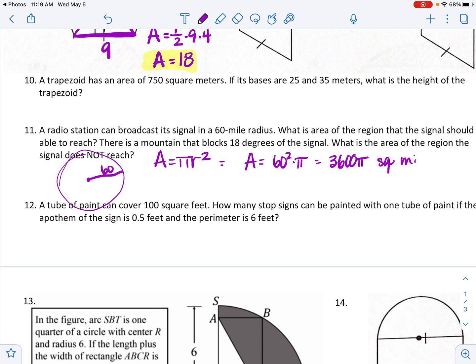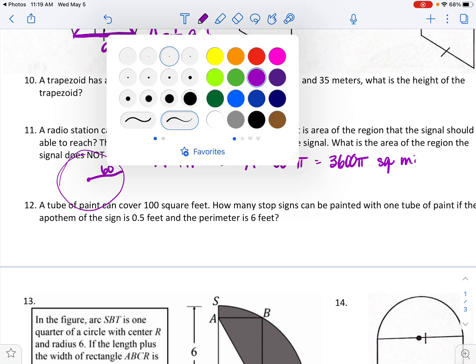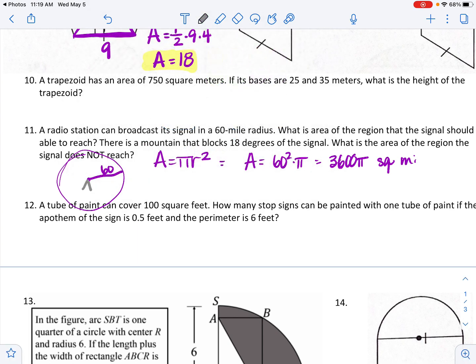If there's a mountain blocking it, so we have a mountain here blocking 18 degrees of this signal, we need to figure out what portion of the circle it is.